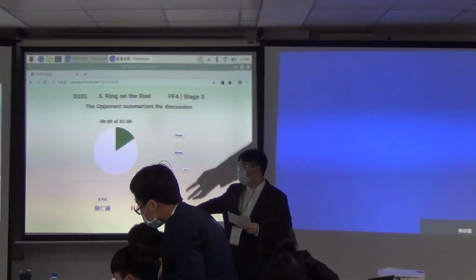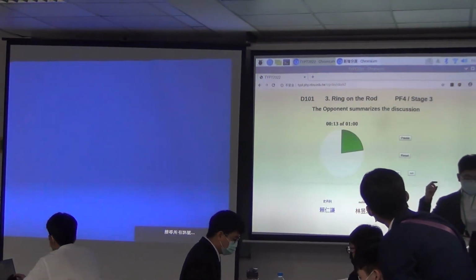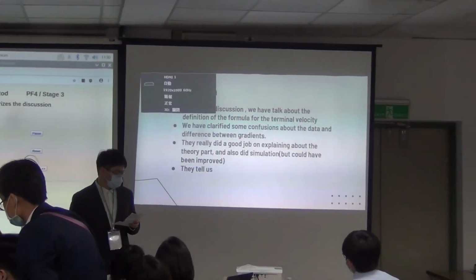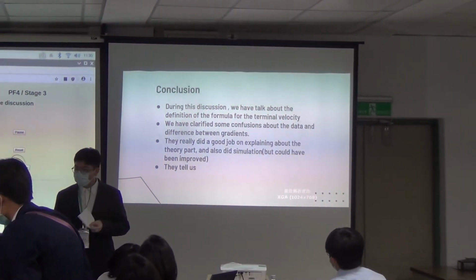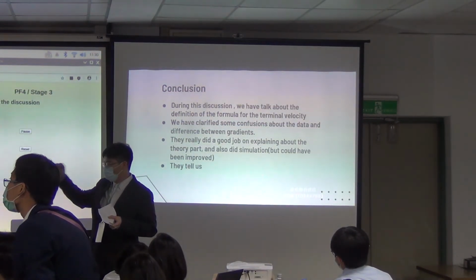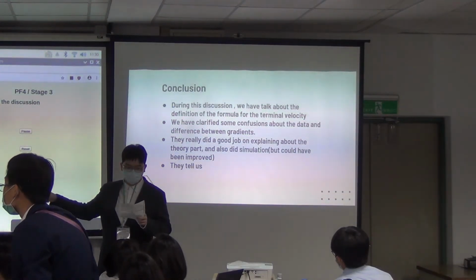In our discussion, we corrected an error in this formula: we must use kinetic friction instead of static friction. Also, there are some errors in the formula, in that if that formula stands, there won't be a terminal velocity.